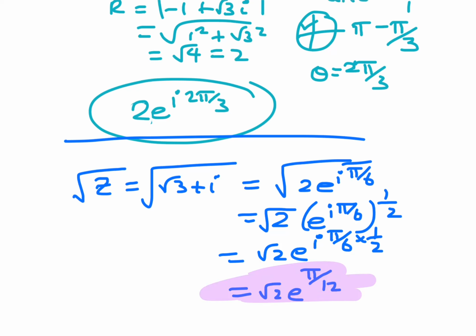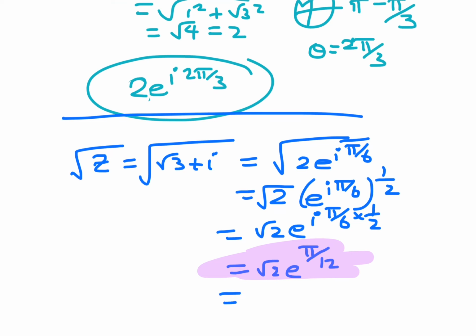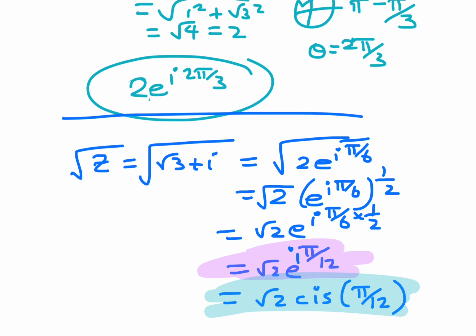And that slips it into mod arg form really easy, because all we've done there is just used Euler's rule and all the rules of indices just to make it a little bit easier to do stuff.